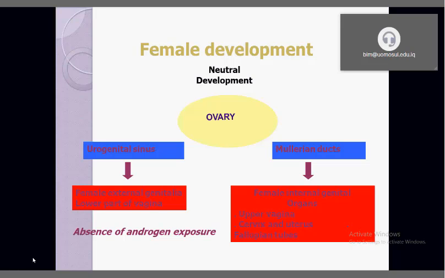Can you summarize the development of the genital duct in both the indifferent and differentiated stage, undifferentiated and differentiated stage?